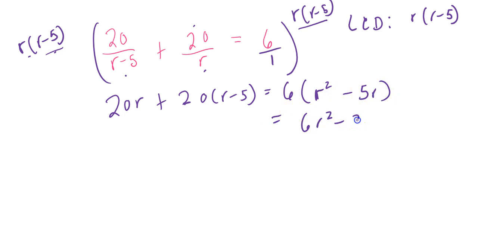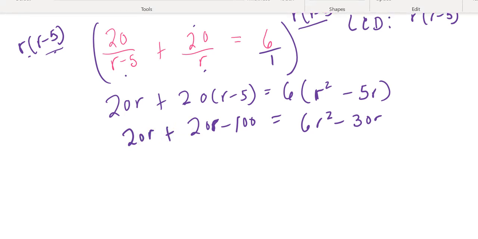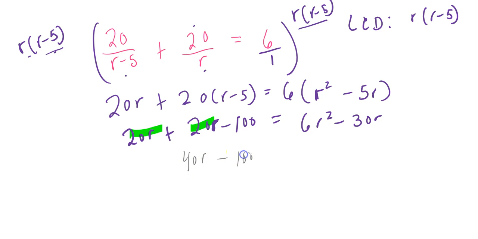6r squared minus 30r. Let's distribute the left side. 20r minus 100. Bring down 20r plus. Oh, good. We can combine some things there. So 20r plus 20r gives us a 40r minus 100 equals 6r squared minus 30r.